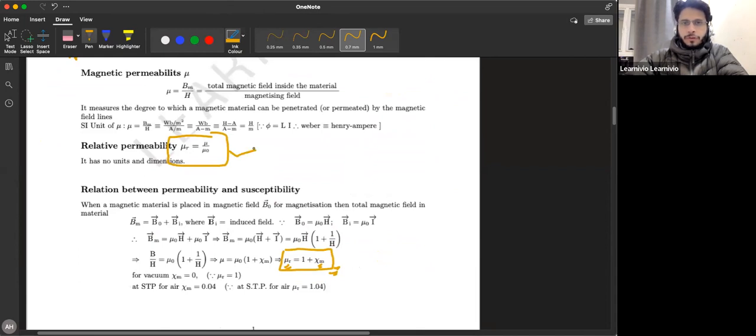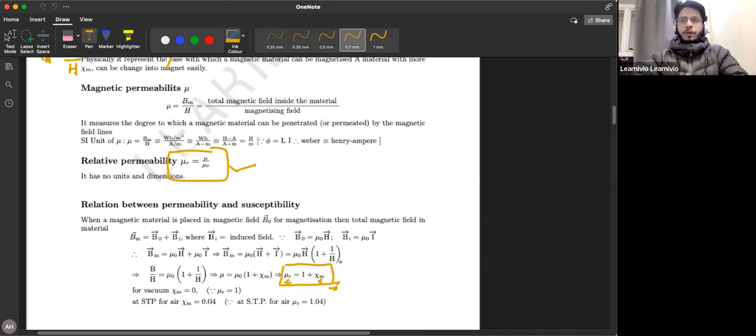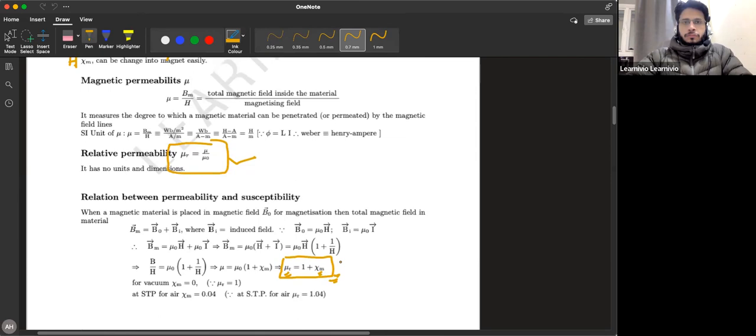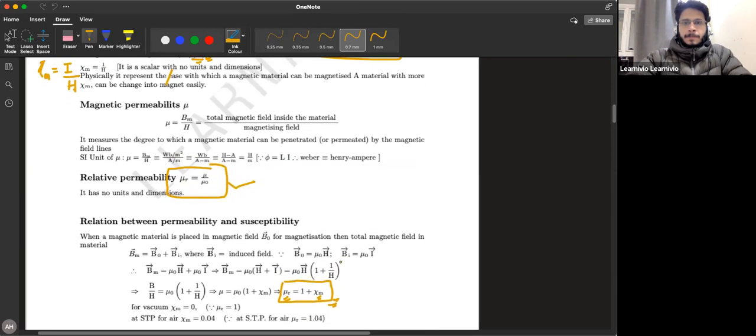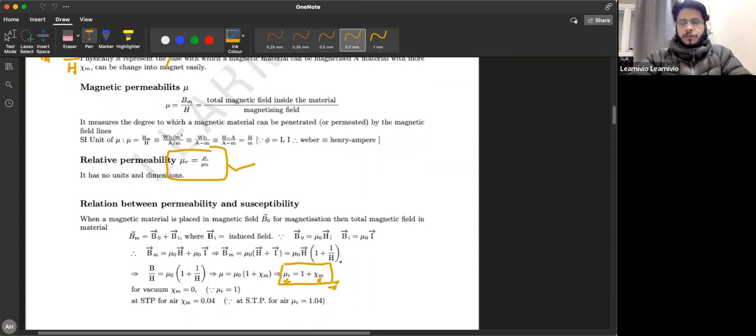Now just note down the expression of relative permeability and this relation between mu r and susceptibility. Oh, you must have written it.